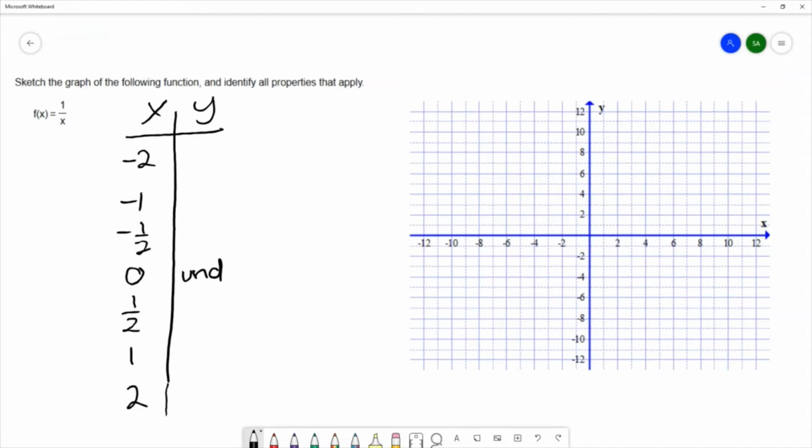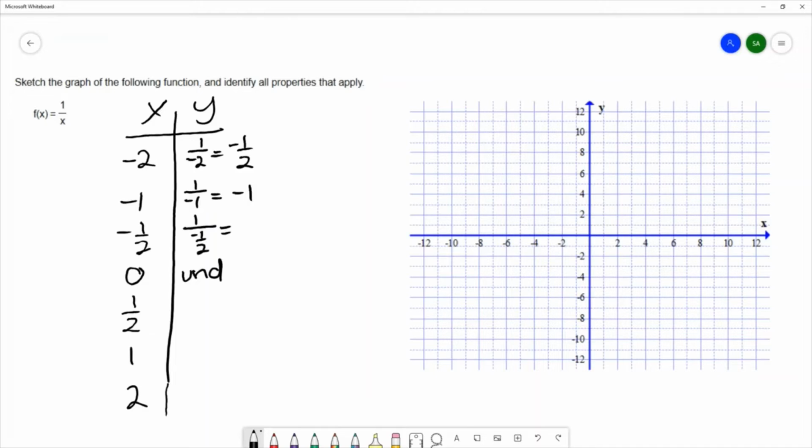And you'll see that if I substitute -2 in, 1 over -2, that's -1/2, and -1/2 is the reciprocal of -2. I'll continue on with 1 over -1, and that's -1. -1 is the reciprocal of itself. 1 over -1/2.